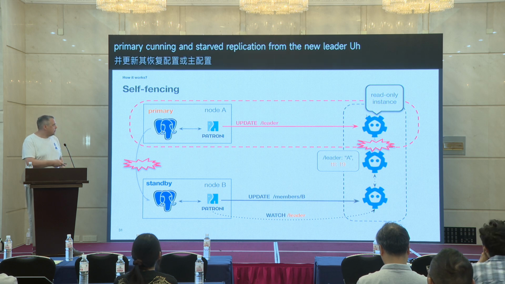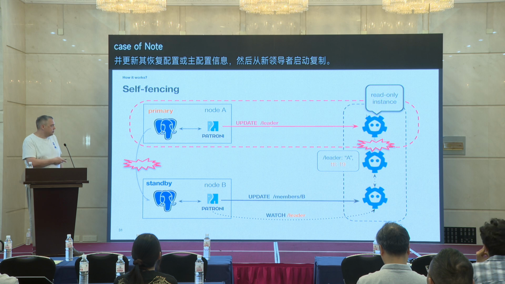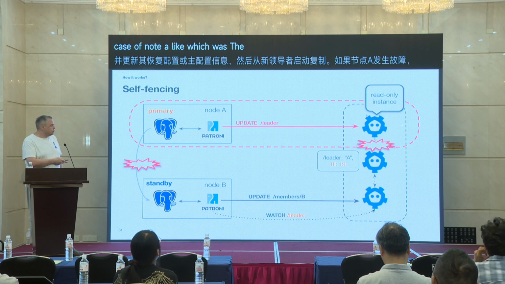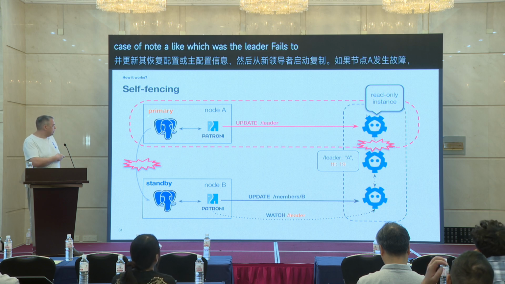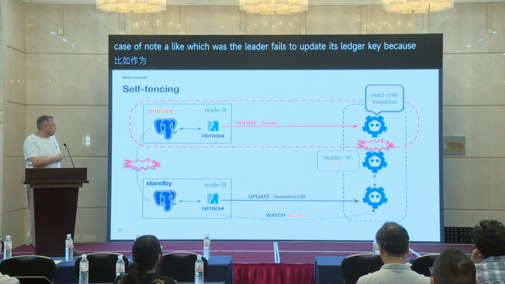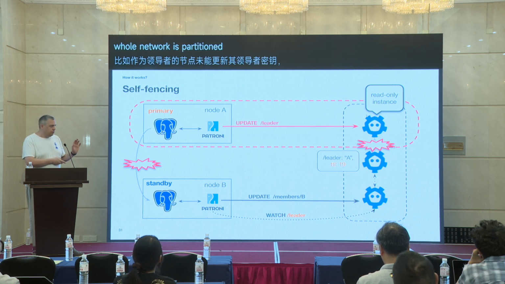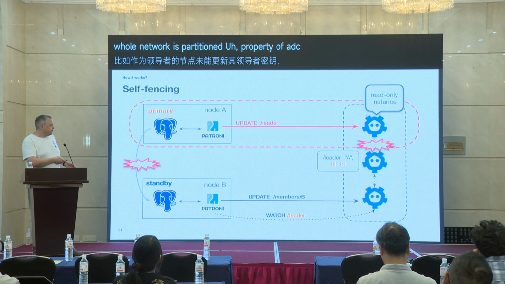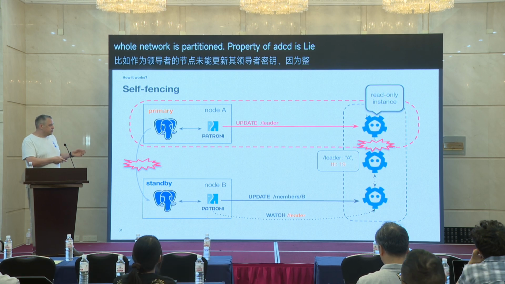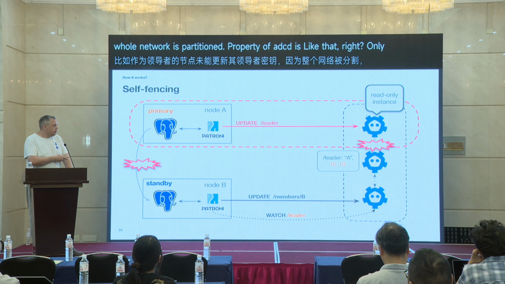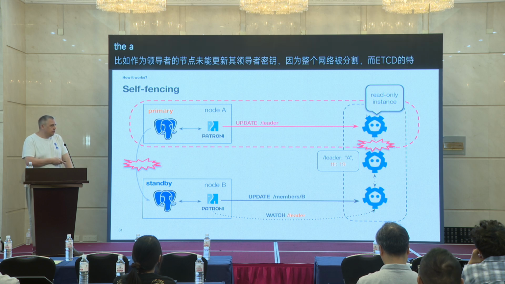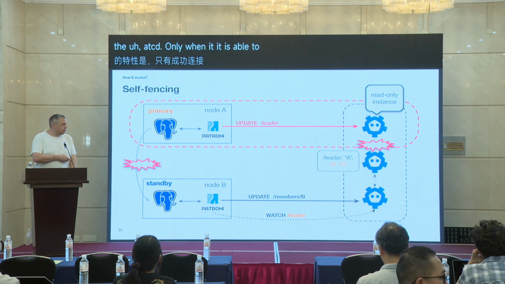What will happen in case node A, which was the leader, fails to update its leader key because the whole network is partitioned? A property of etcd is that a write only succeeds when it is able to replicate this write to a majority of the nodes.